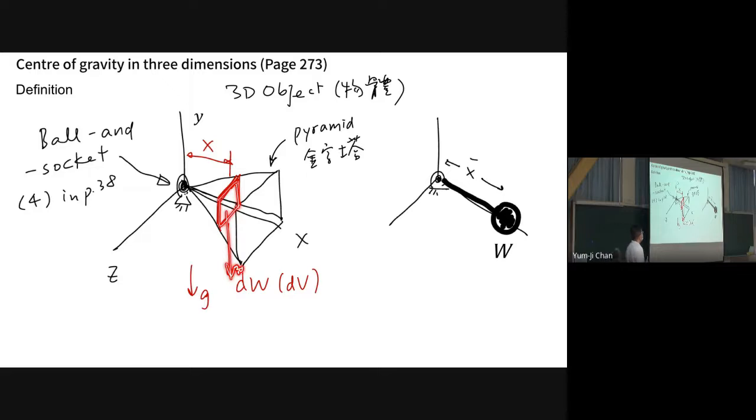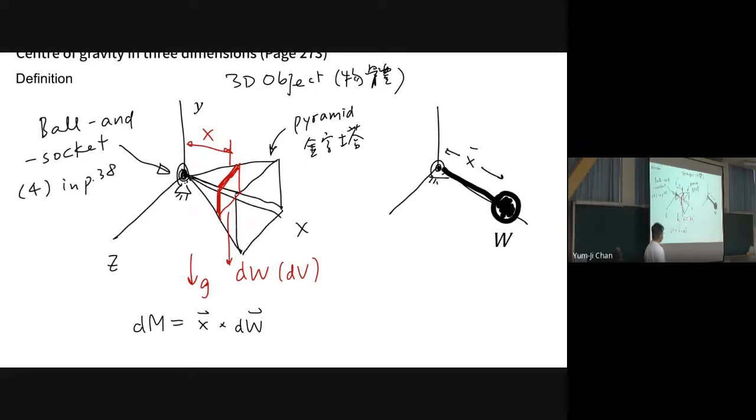and then we work upward, and then the moment dm is equal to x cross dW, right?